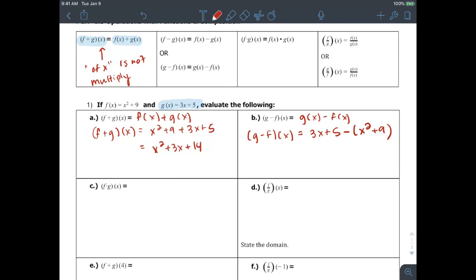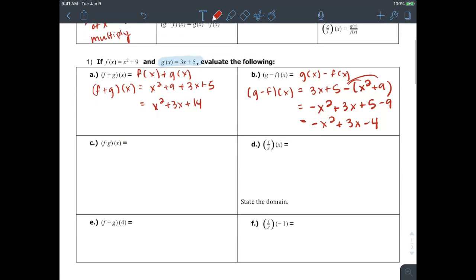So the negative distributes in, and we get negative x squared plus 3x plus 5 minus 9. Just reordered them. Sorry if that was a little wonky.